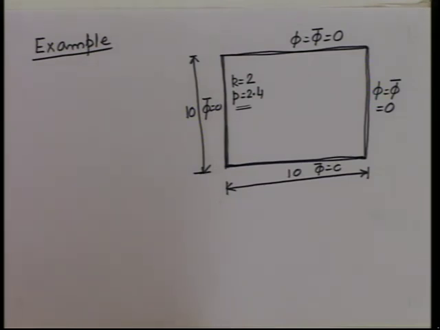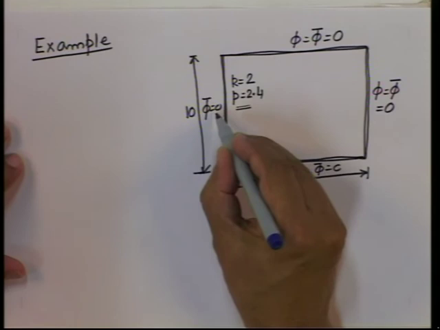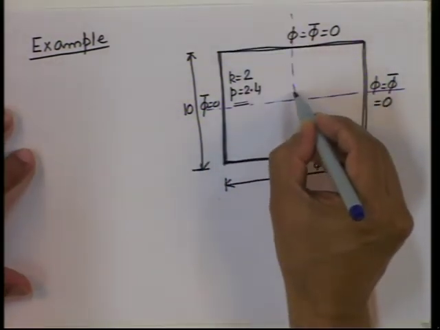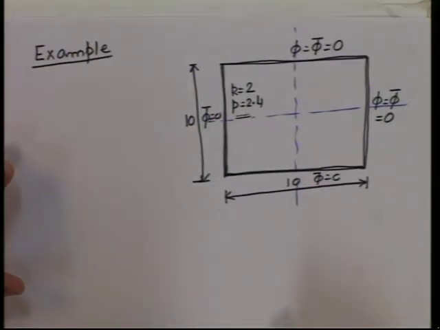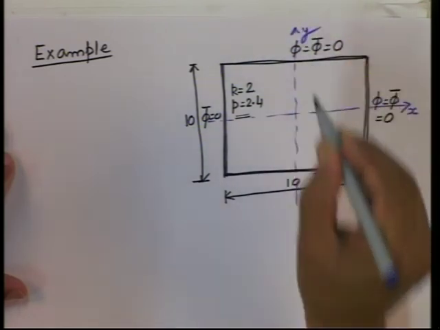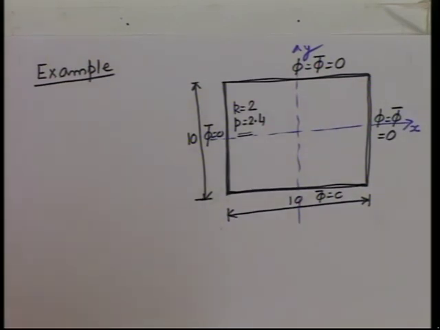We should also see whether any symmetry exists, so that the number of nodes, elements and discretization can be considerably reduced. Since this is a square, it has symmetry about both the axes. If this is your x axis and this is your y axis, there exists a symmetry about x as well as y.